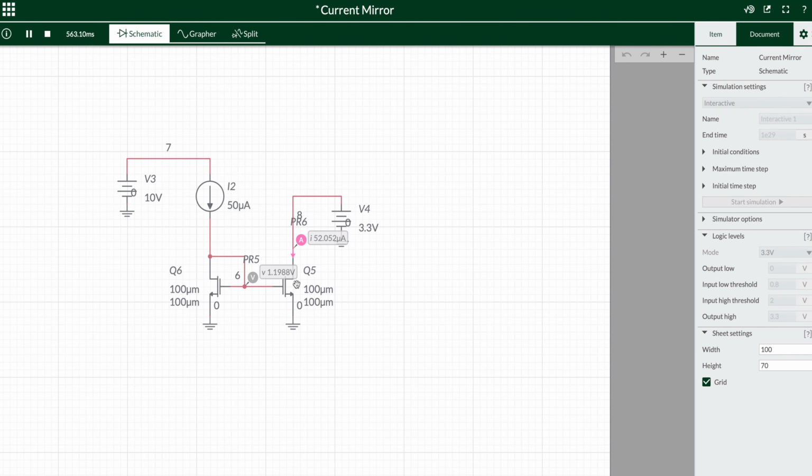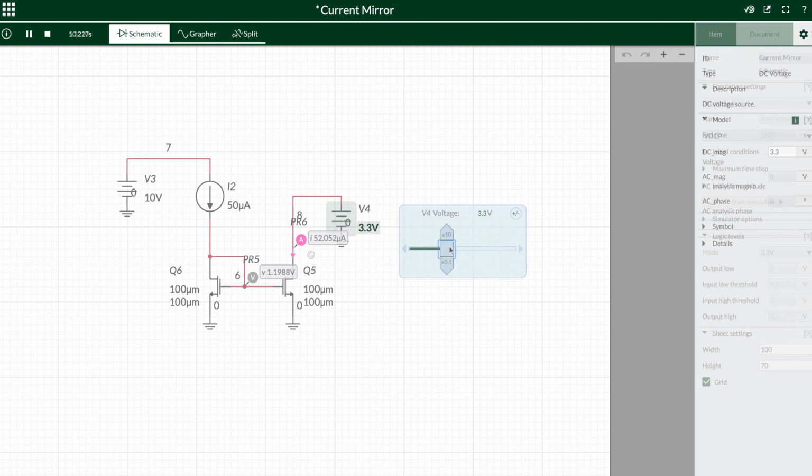So here, currently, the drain current ID is equal to 52 microampere. Now let me just change this drain voltage and let us see the effect on this drain current. So here, as I am changing this drain to source voltage, then as you can see, the drain current ID is increasing. So earlier, when the VDS was 3.3 volt, at that time, this drain current was 52 microampere.